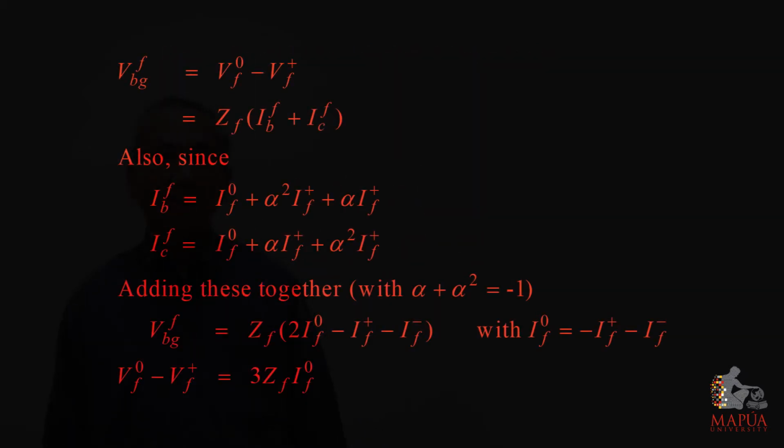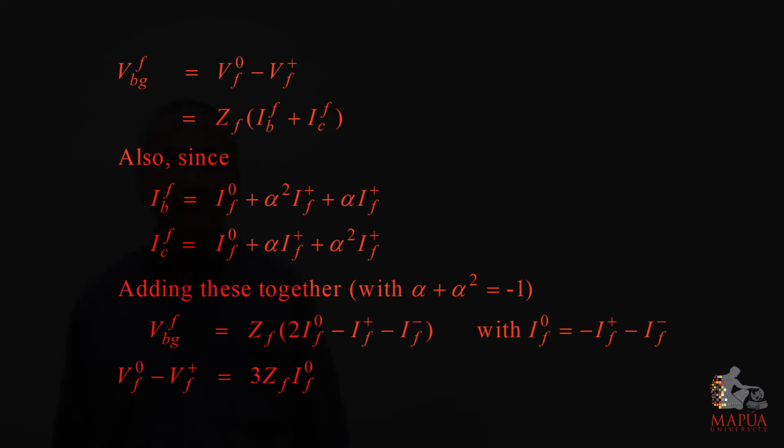Having known that, we can say that VB is equal to ZF multiplied by the quantity IB plus IC.